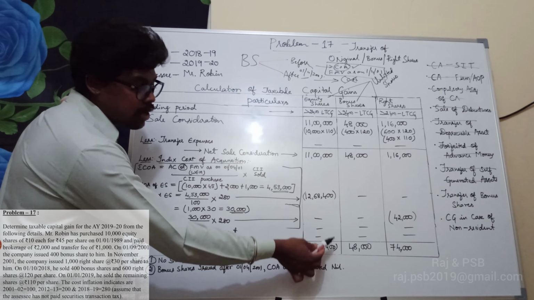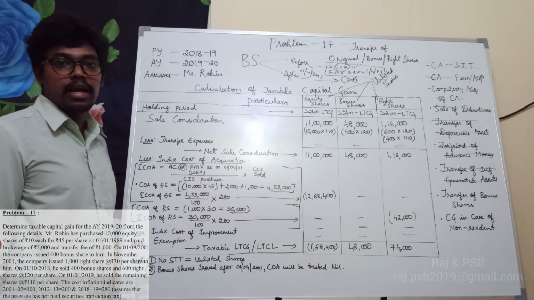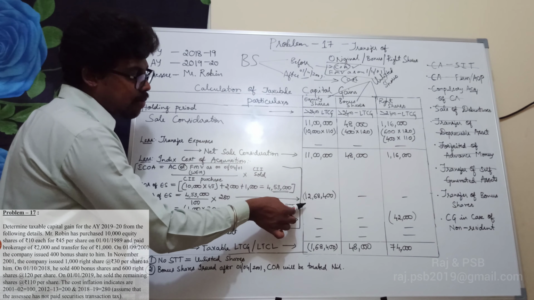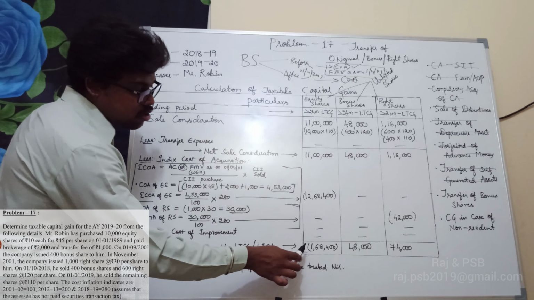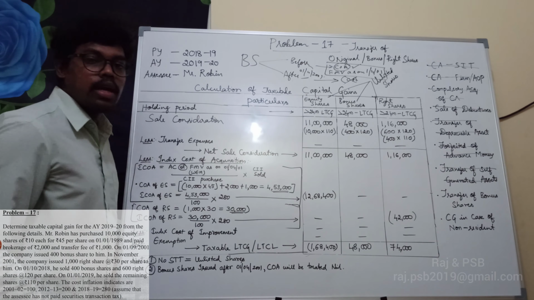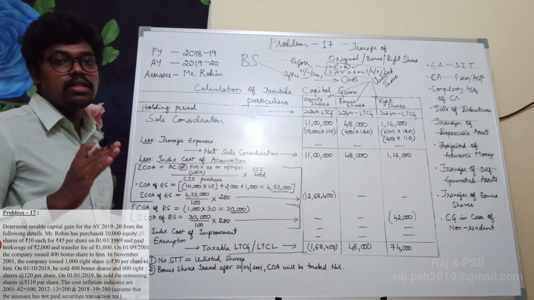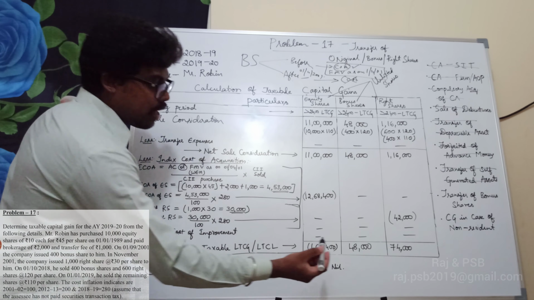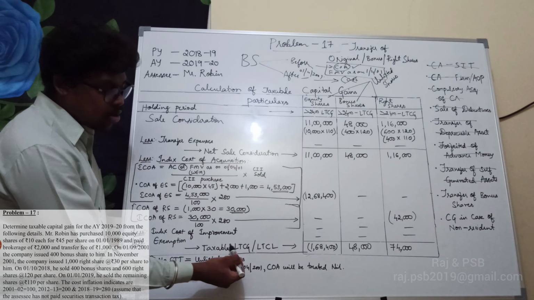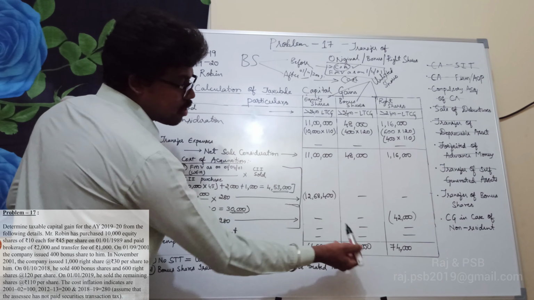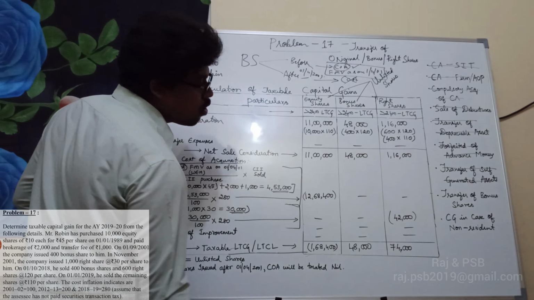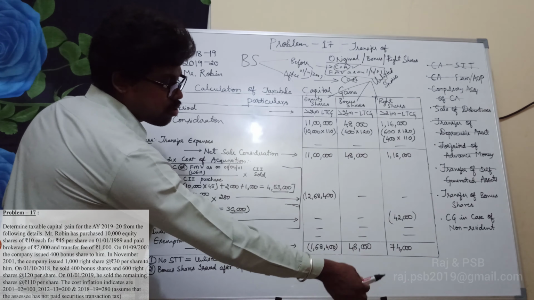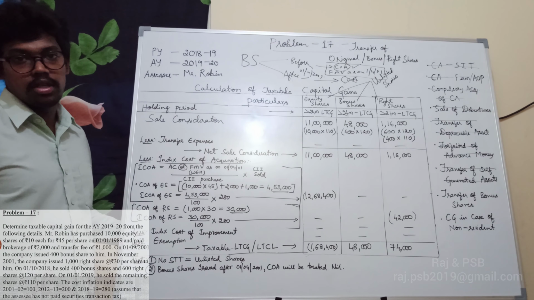There is one item which is indicating a loss, that is 11 lakh minus 12,68,400. So 1,68,400 is a negative value, that is treated as long-term capital loss and that should not be taxed. Next, remaining are taxable long-term capital gain, that is 48,000 and 1,16,000 minus 42,000, that is 74,000.